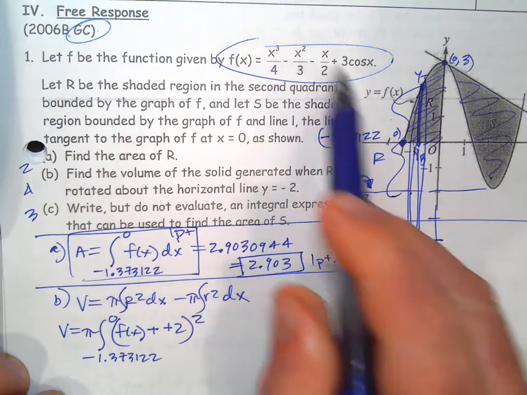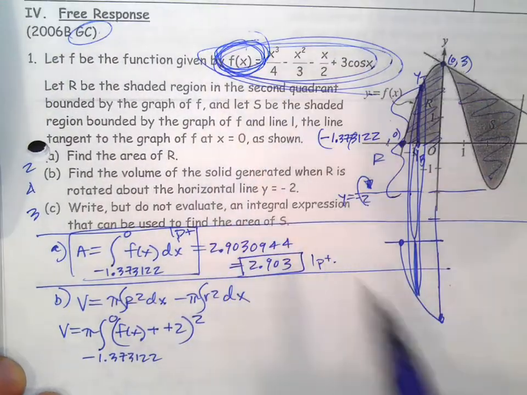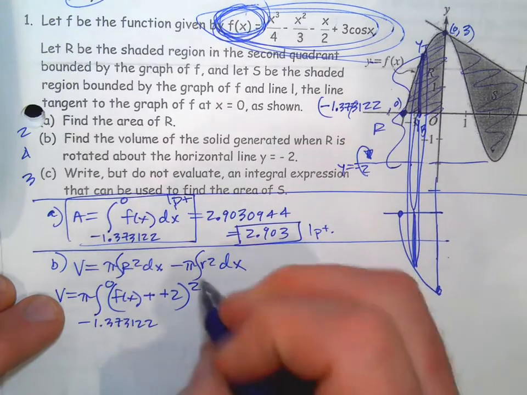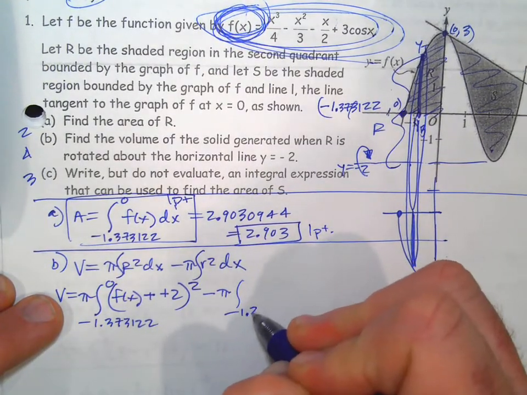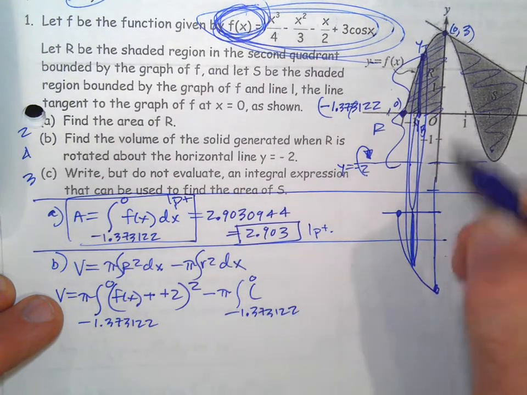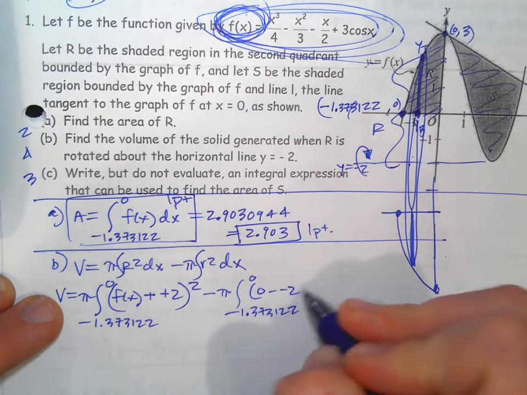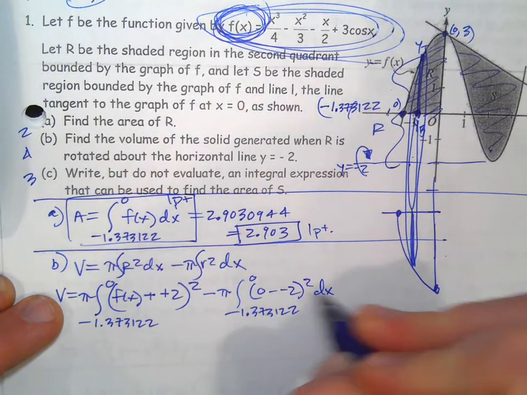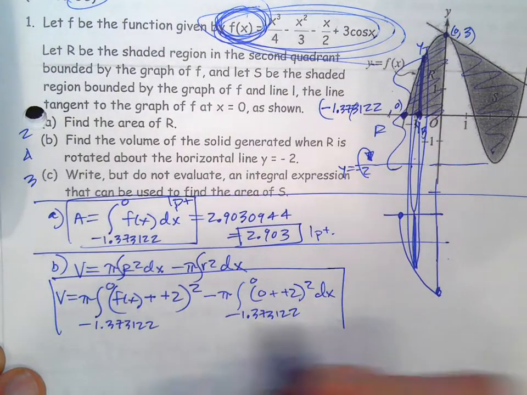You could write this whole thing if you want, but they named it f of x, so you're allowed to use that, which makes writing it a little easier. Minus negative 1.373122, which is 0. The little radius is y top minus y bottom: it's 0 minus -2, squared, so that's going to become positive. This is good enough for your setup.